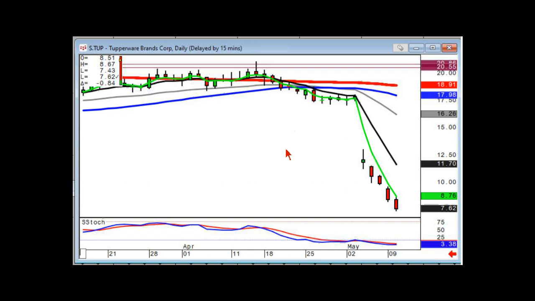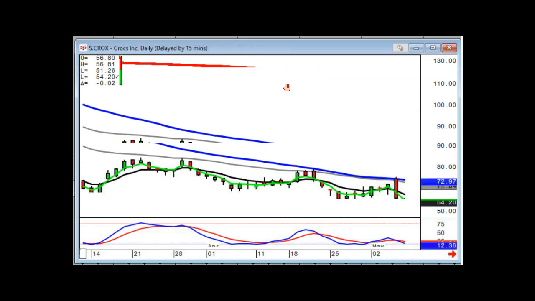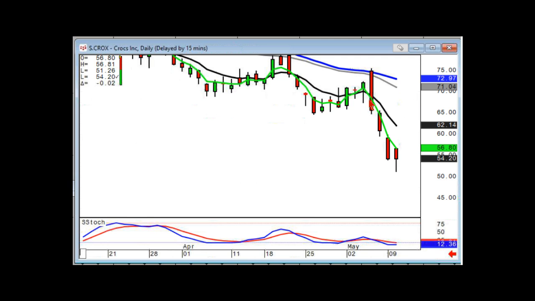So any puts that I am buying at this point, like on that big bearish engulfing signal on Crocs, and it's down here in the oversold area and the market's trading lower but pretty much oversold, I'm buying put spreads versus buying puts outright.